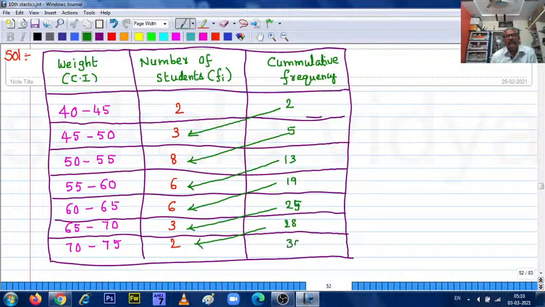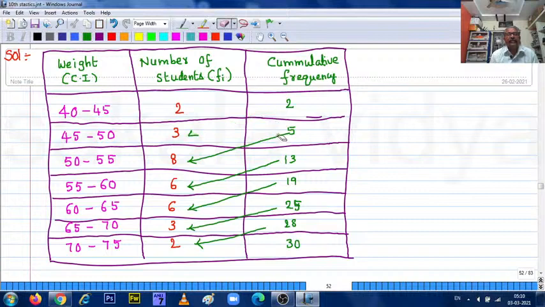Yes, there were 30 students in the class. Check once again: 2, 2 plus 3 is 5, 5 plus 8 is 13, 13 plus 6 is 19, 19 plus 6 is 25, 25 plus 3 is 28, 28 plus 2 is 30. This is called the cumulative frequency.